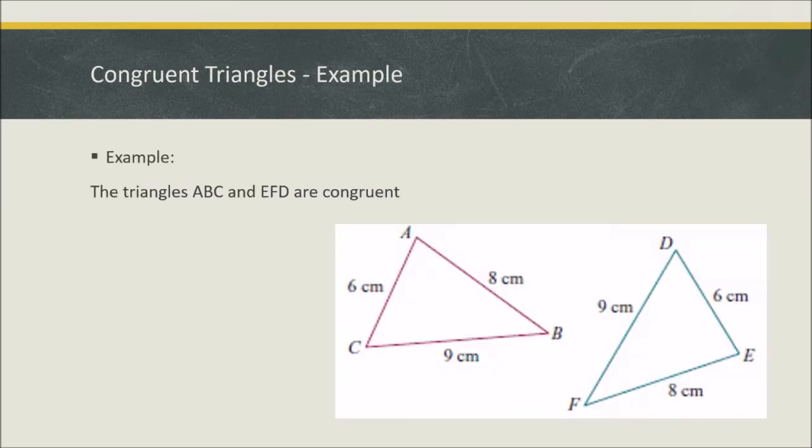If we have a look at an example, here we have triangles ABC and EFD. Now these are congruent triangles. It's really important that you look at the order that the letters come in. So we're saying that triangle ABC is congruent to triangle EFD. Now we've got to look at A to B, there's that 8 centimetres in between it.